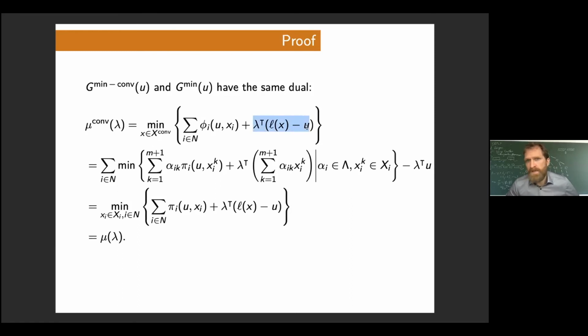This looks the same as the original game, but here we have the envelopes. And then if you write down the envelopes, you see that these alpha parameters act linearly on the pi i function, and you can take that out. And due to this, we end up here with a dual of the original problem. I think this is also not surprising. This is also a well-known fact in optimization, but I think it is new in this economic situation.